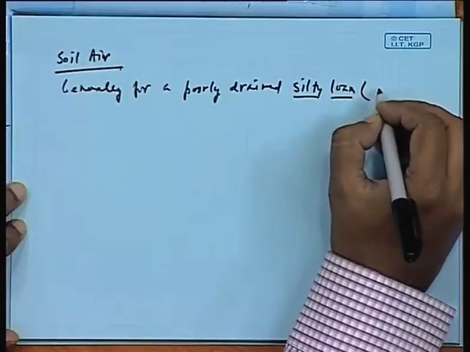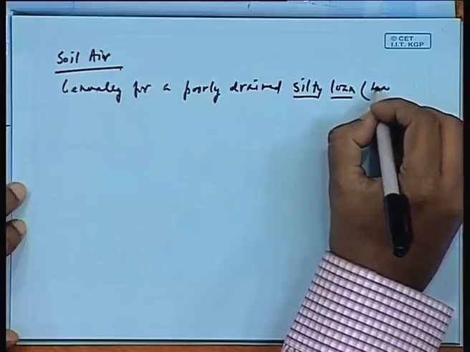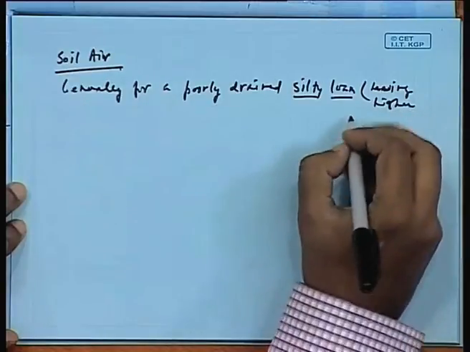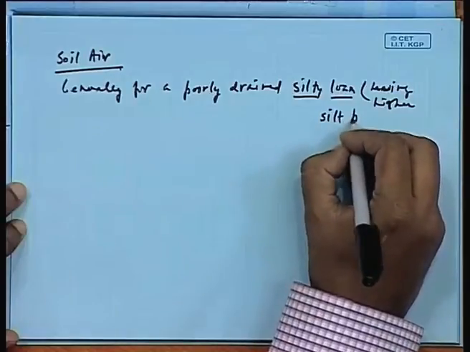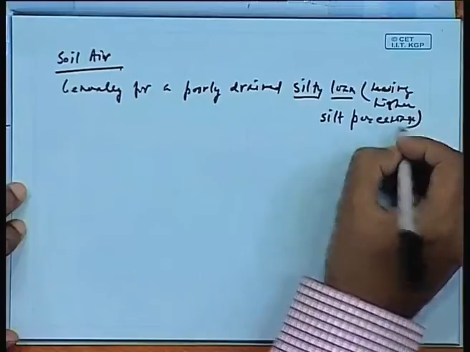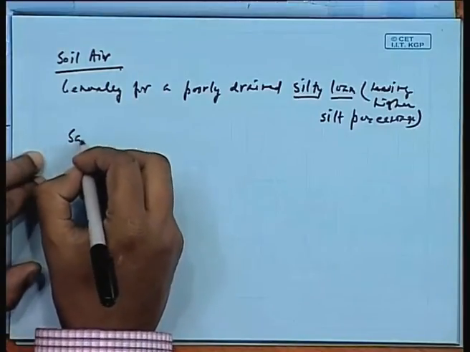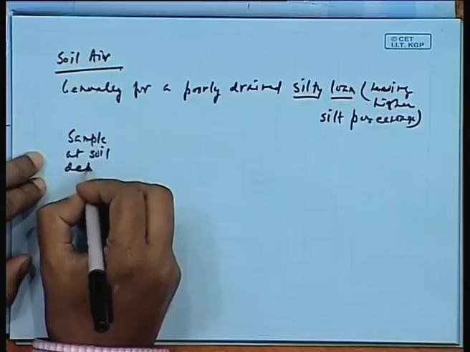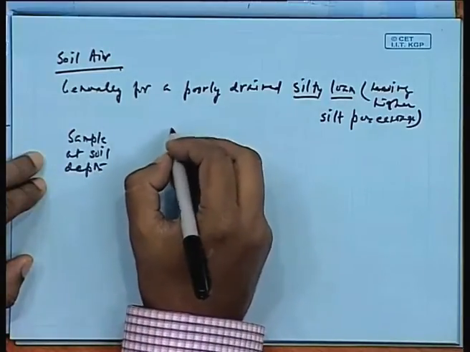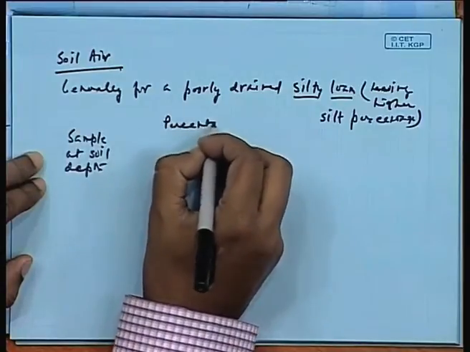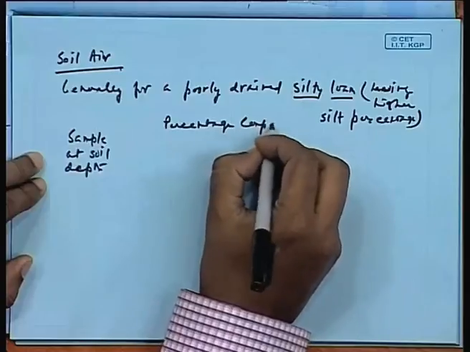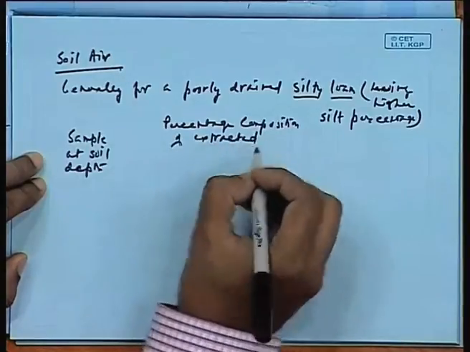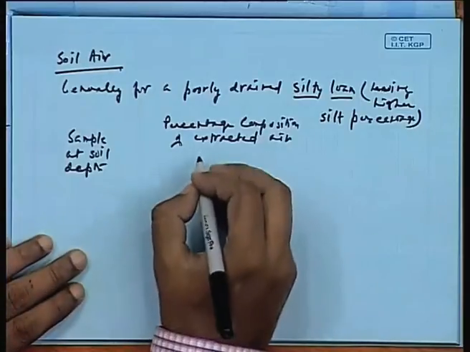Generally, for a poorly drained silty loam having a higher silt percentage, we observe the sample at soil depth, the percentage composition of extracted air.